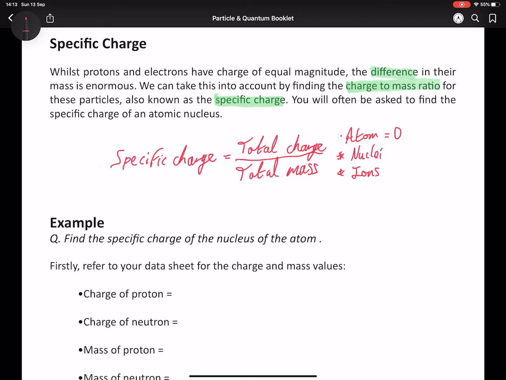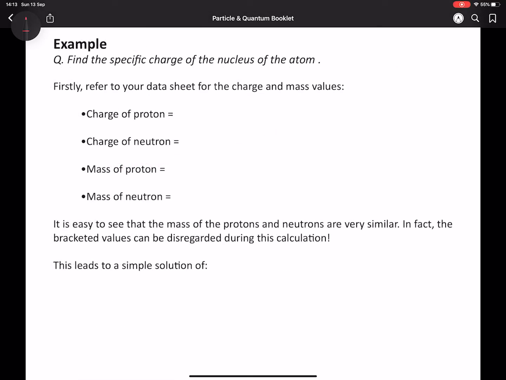So let's look at an example of this. In this example, we're going to find the specific charge of a nucleus. So we're ignoring all electrons. And we're going to look at the nucleus we referred to earlier, carbon-14. So carbon-14, being carbon, has 6 as its atomic number and 14 as its mass number.